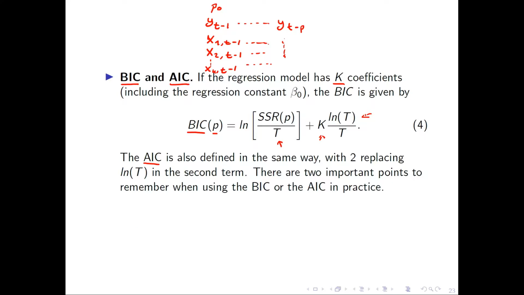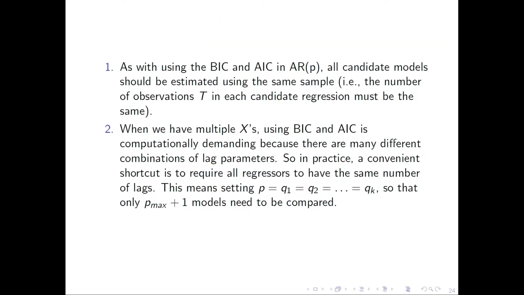Two points about the Bayesian information criteria and the Akaike information criteria are that, as we saw with the autoregressive model, all the candidate models should be estimated using the same sample.